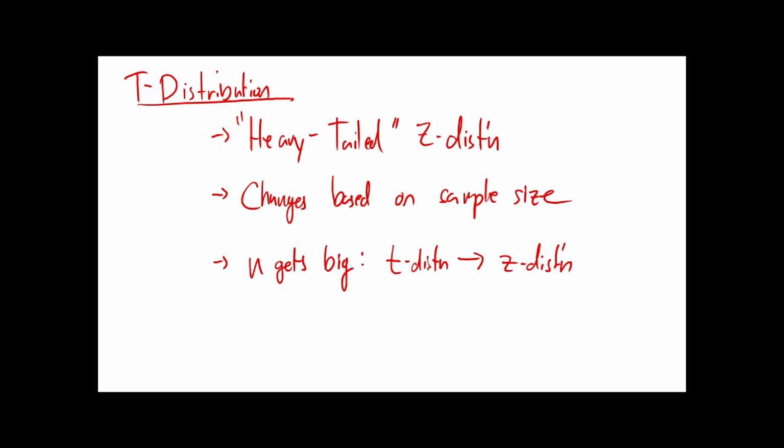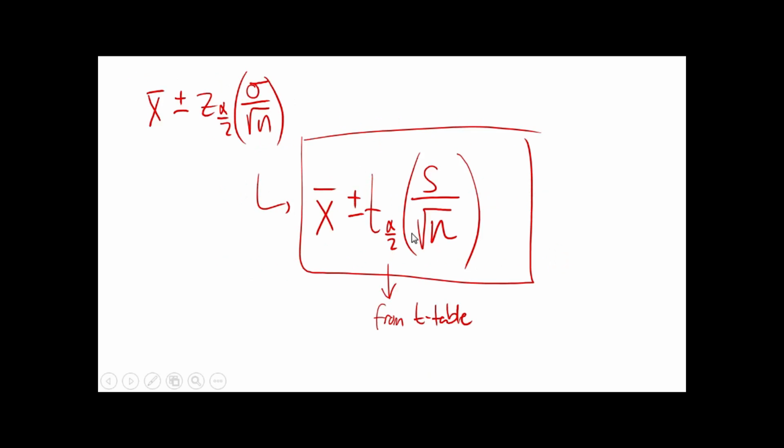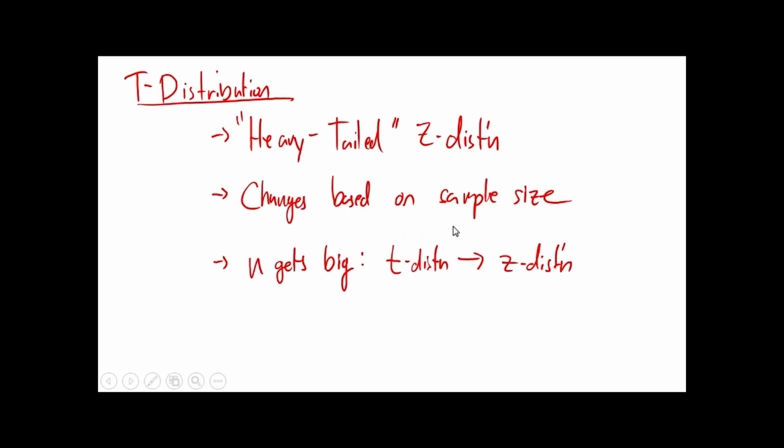And that's actually really nice and ideal because you can imagine, right, as you take more and more samples, what do you think is going to happen to your estimates? Like sample mean and sample standard deviation. The more samples you take, what's going to happen to those estimates? Are they going to be better or worse? They're going to be better, right? And so the more samples you take, the closer that sample standard deviation will be to the true standard deviation, and the mean will be the true mean.